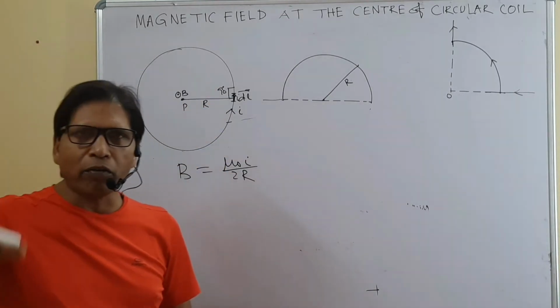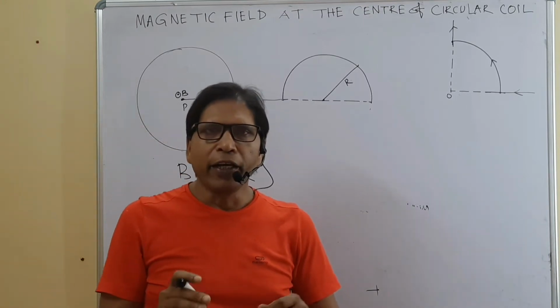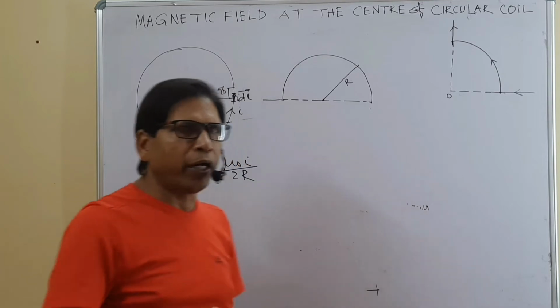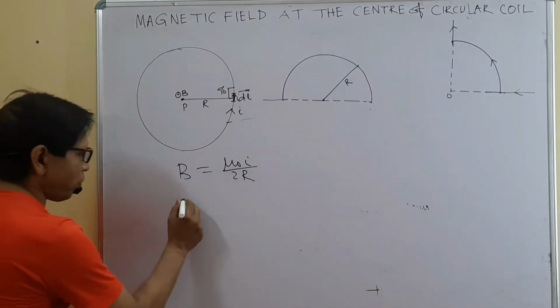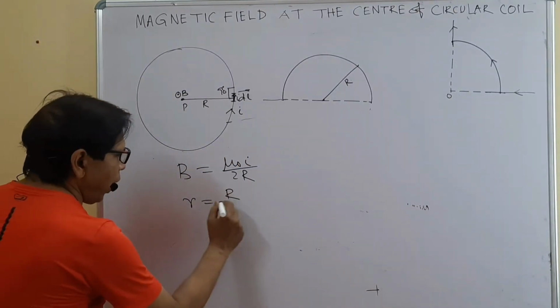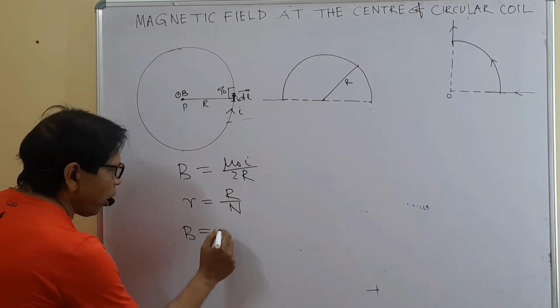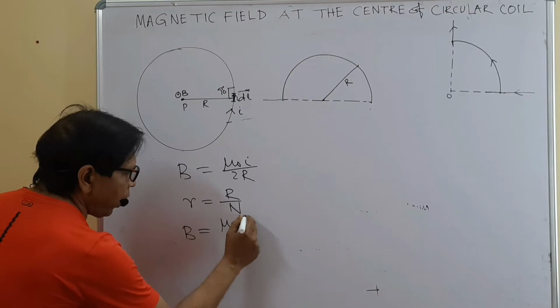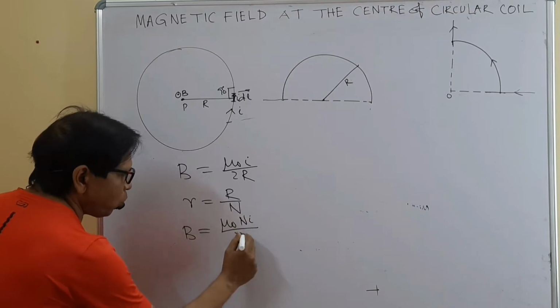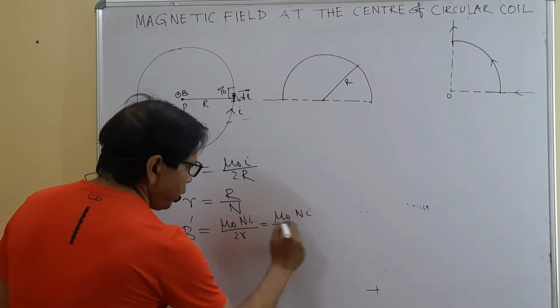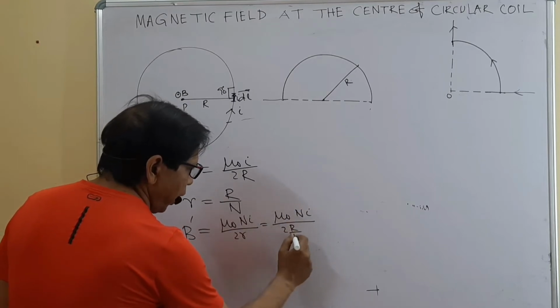Now, if this circular coil of radius R is converted into a smaller coil of n number of turns, then the radius becomes capital R by n. So the magnetic field of this coil is mu naught n I divided by 2 into the smaller radius. This equals mu naught n I divided by 2 into capital R by n.